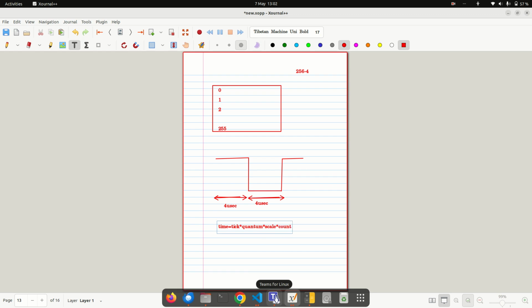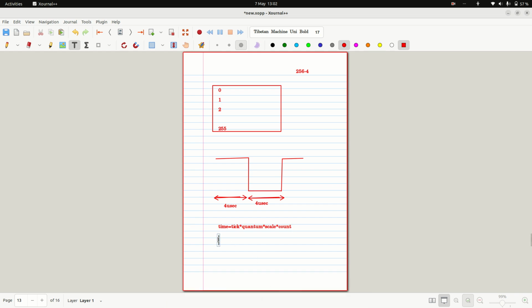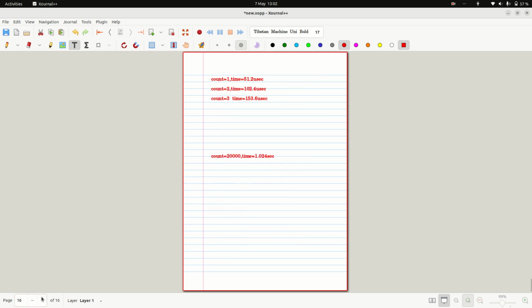Now can we write the count formula by rearranging this? Count equals to time divided by tick into quantum into scale. Can I write like this? Yeah, we can write like this. Instead of trial and error, we can find the value of count using this formula.